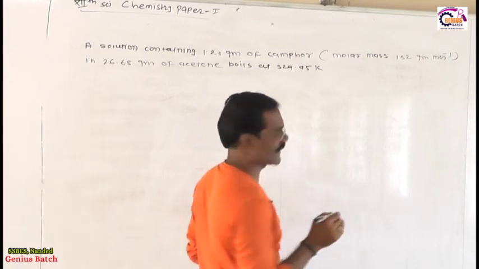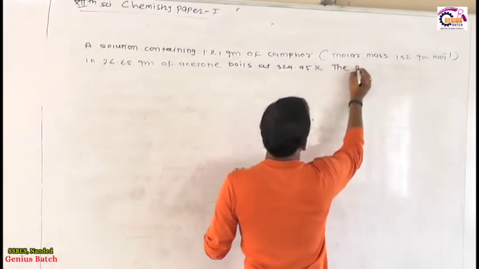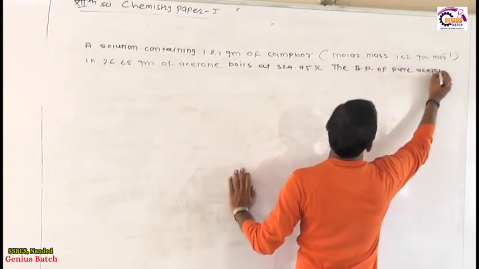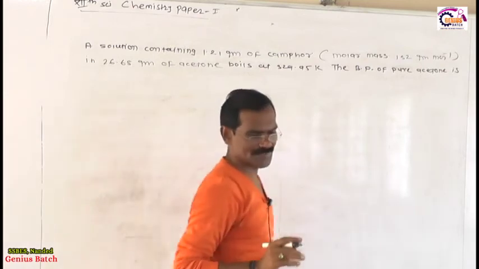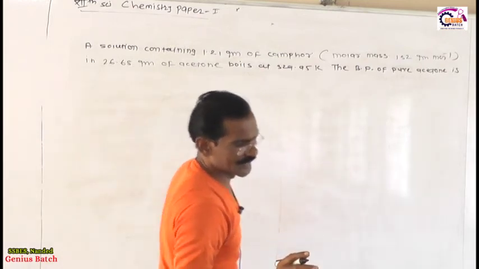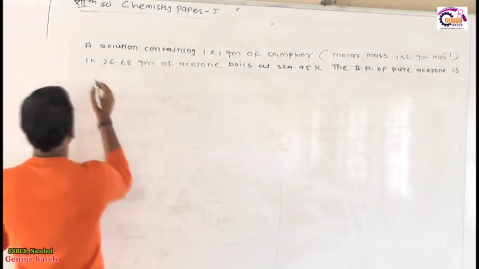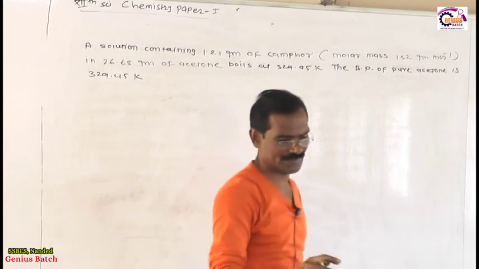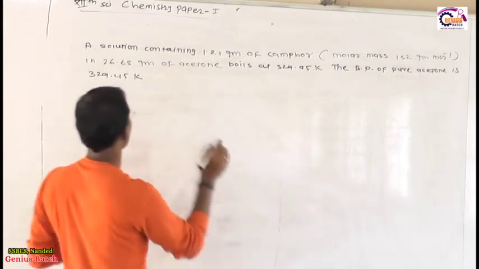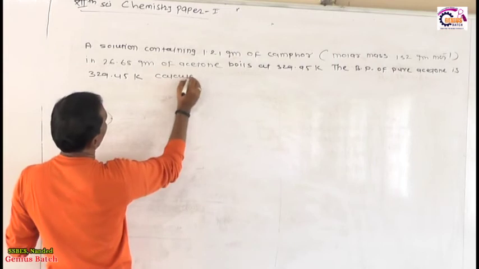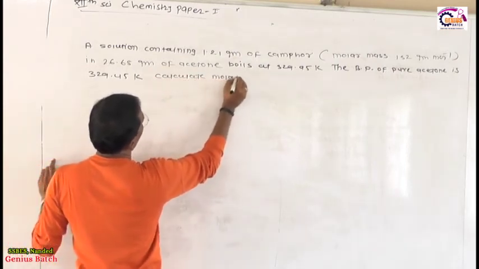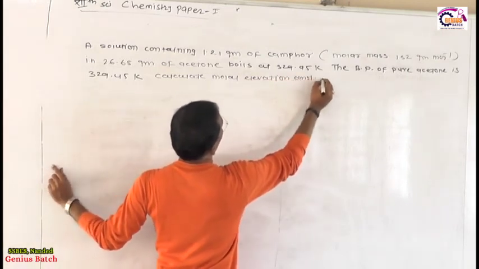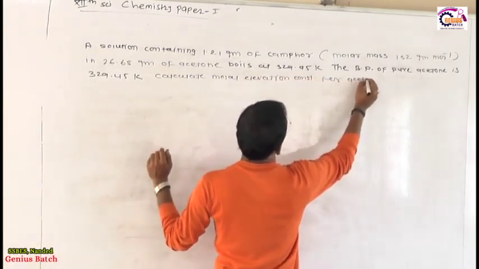The boiling point of pure acetone is 329.45 Kelvin. Calculate the molar elevation constant for acetone.